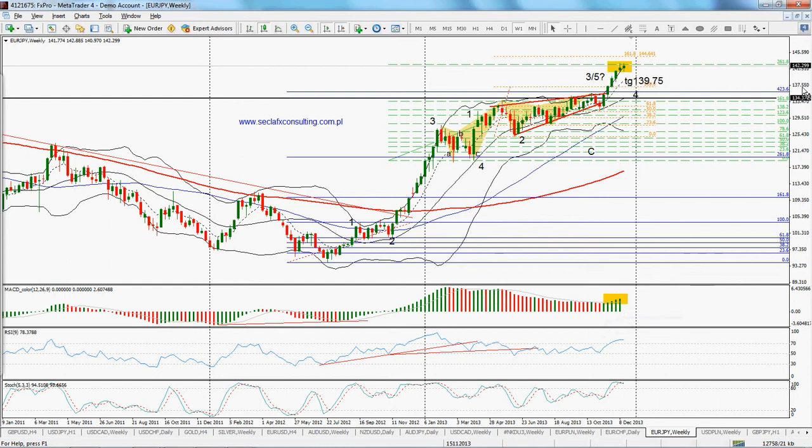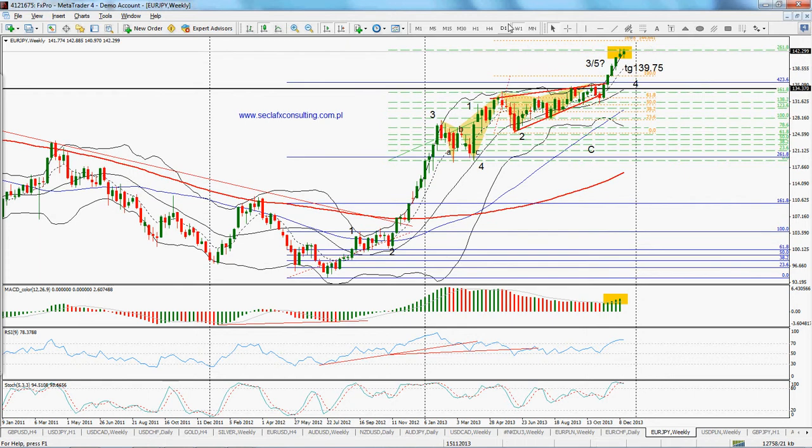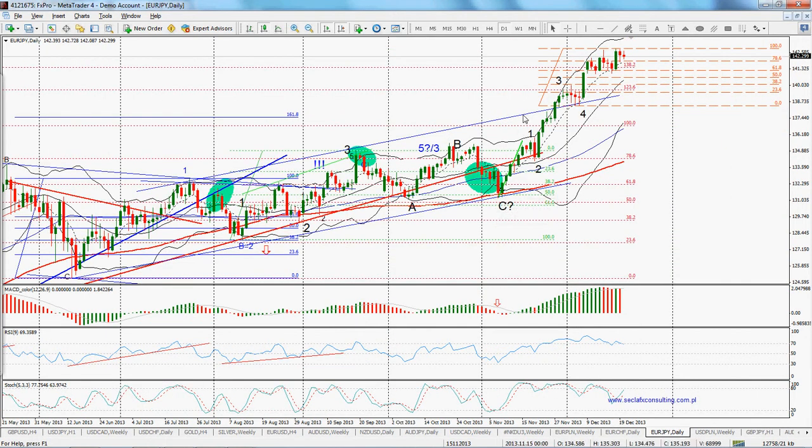This is divergence. Good. If you go to the daily chart, you've got 1, 2, 3, 4, 5. The fifth wave has a length of a wave 1. So that's why the market is reacting and then most probably respecting this count.